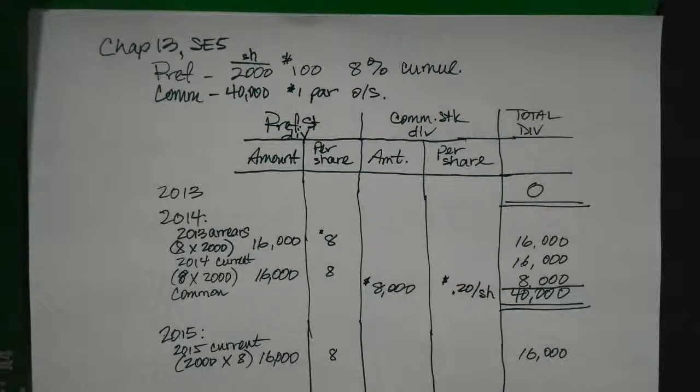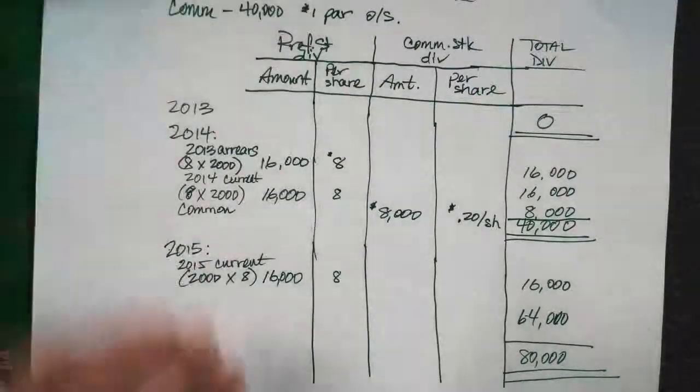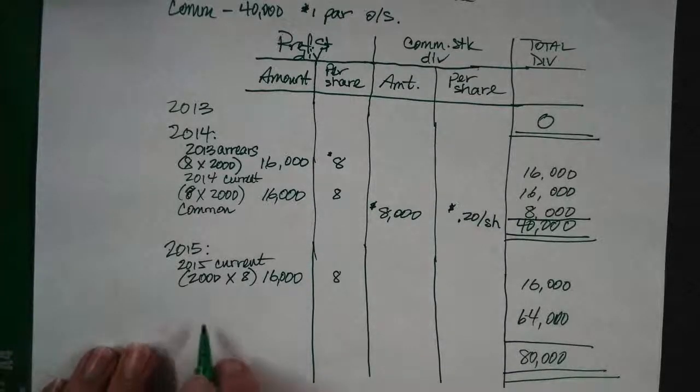So how much is going to go to common? Holy moly. 64,000 is what it will take to get up to 80,000. Let's see what that works out to be.